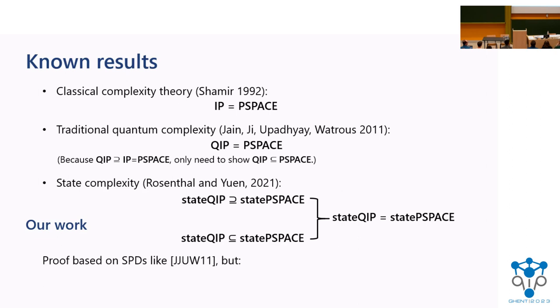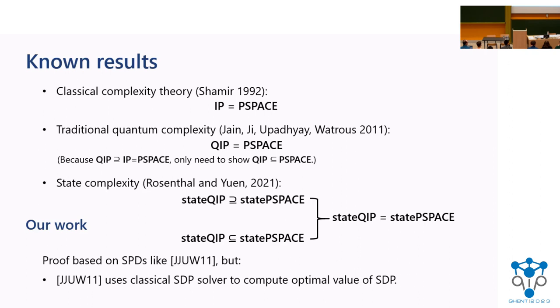So we use a similar SDP-based idea, but the key difference is that in this traditional complexity setting, we're just interested in a single output bit. You can use a classical SDP solver to compute the classical optimal value of the SDP. And this allows you to use all sorts of old school circuit complexity results.